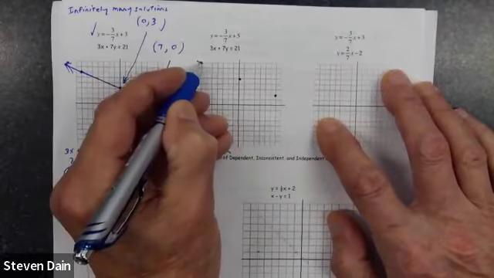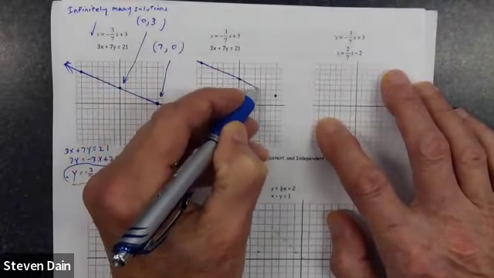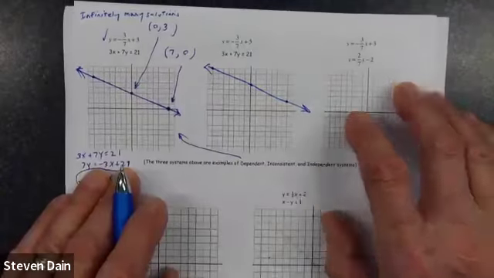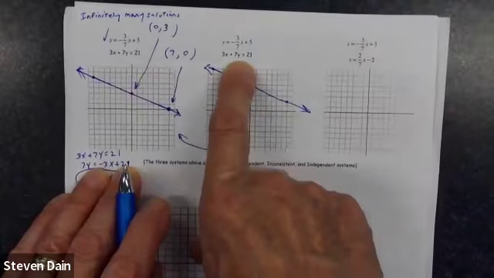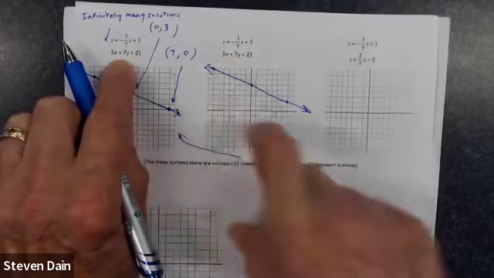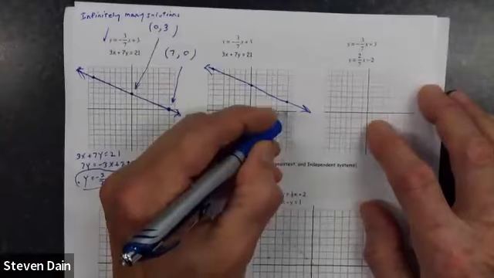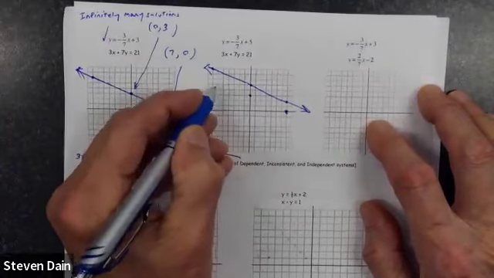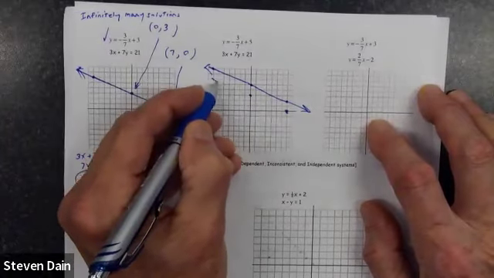And if I connect those, there's that line. And does the bottom equation look familiar? Yes, that same equation from the first example. So the x-intercept is still 7, and the y-intercept is still 3.